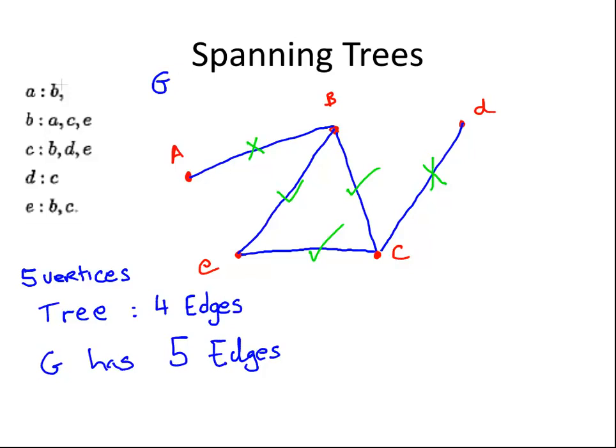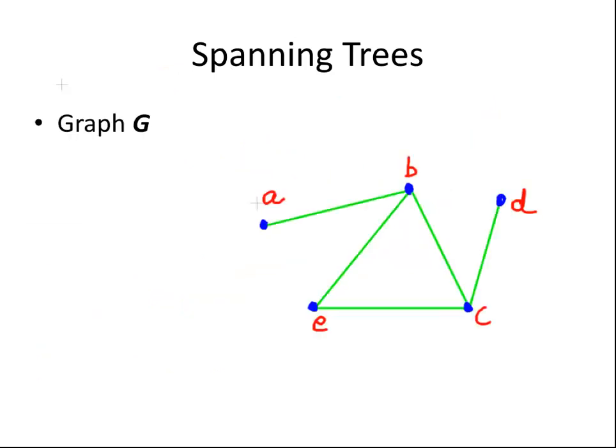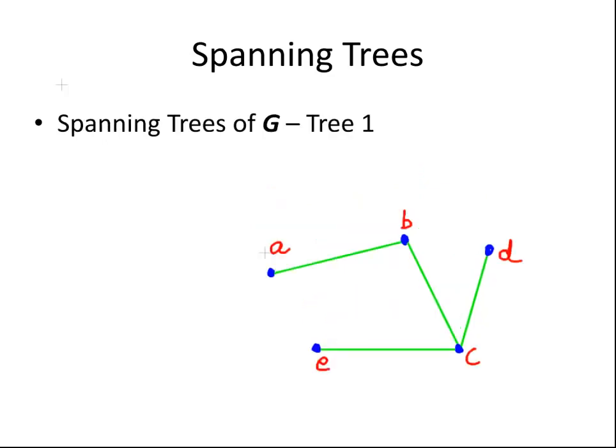So that's the graph G again. What we're going to do in the first instance is to remove this one here to get a spanning tree of G. There we go. So we're going to call that tree 1.